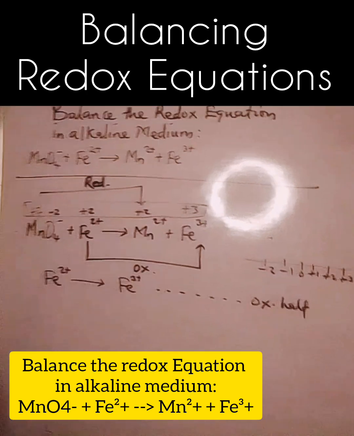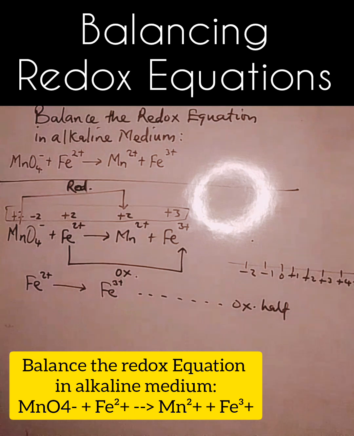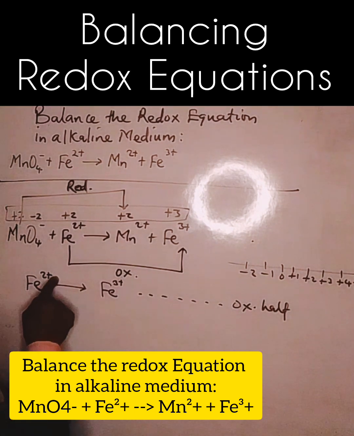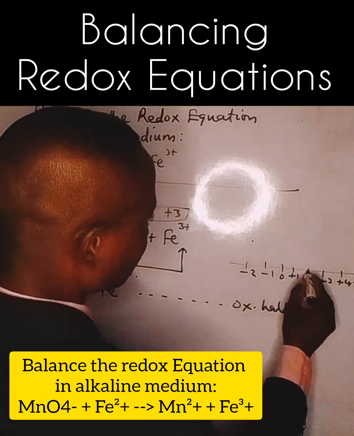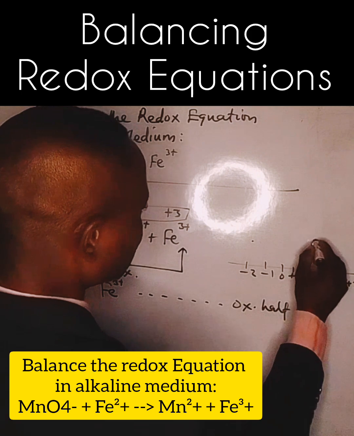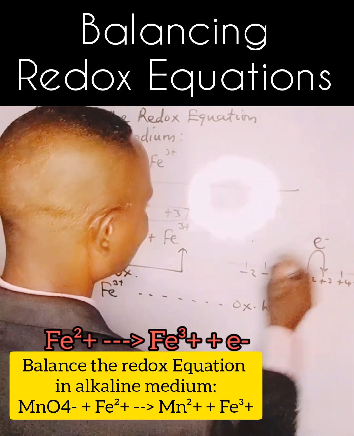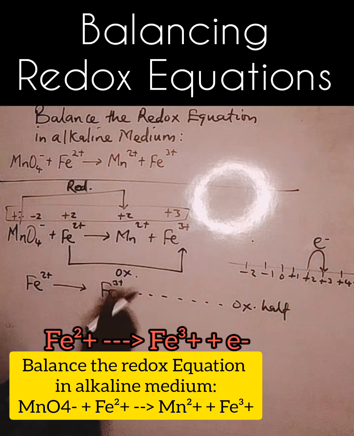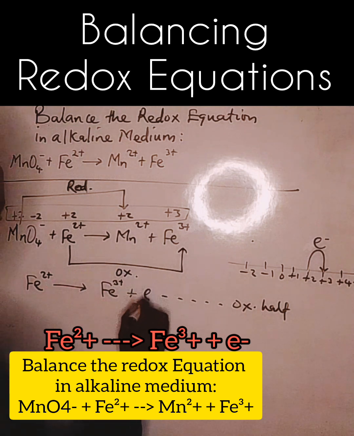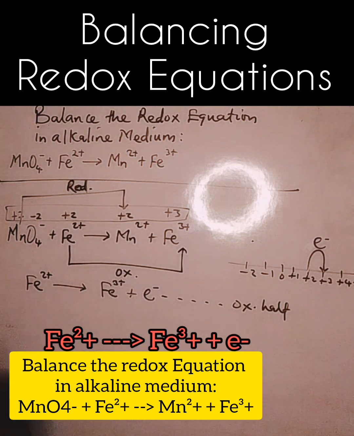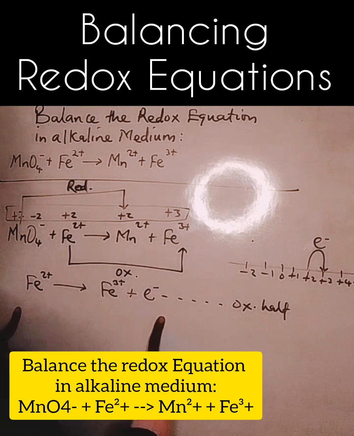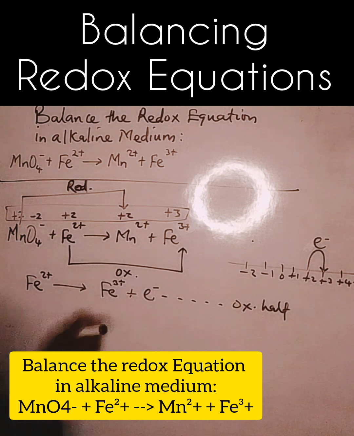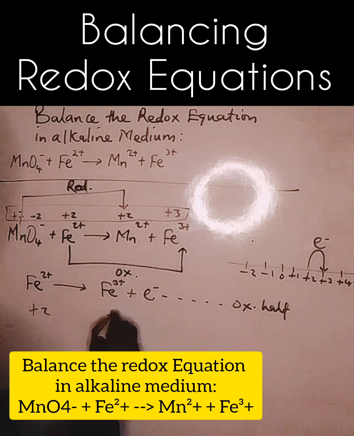Now, from +2 to +3 is one step to the right, meaning we are going to add 1 electron to the right. That is oxidation. We now say plus 1 electron. When you balance the charges, +2 here, +2 here, +3 -1, which is still +2.